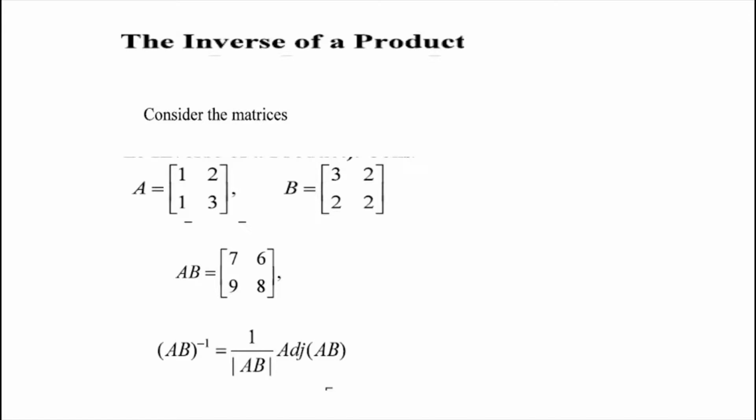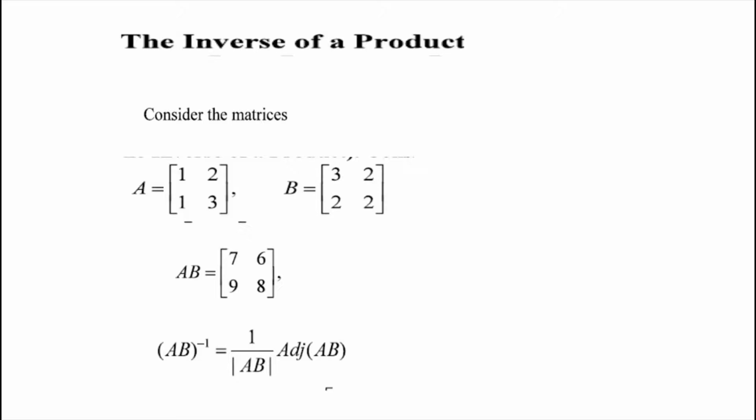Now we see the inverse of a product. If we are given the two matrices A and B, we will calculate the product AB, and then we calculate its inverse. We know that the inverse of any matrix is equal to the adjoint of that matrix divided by the determinant of that matrix.